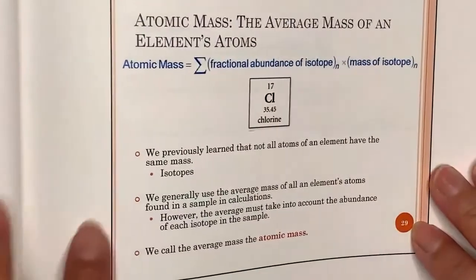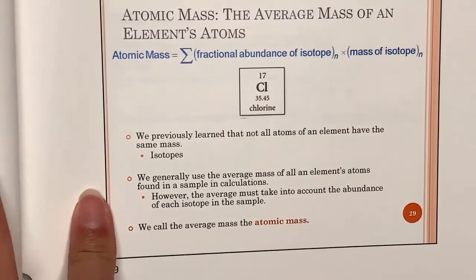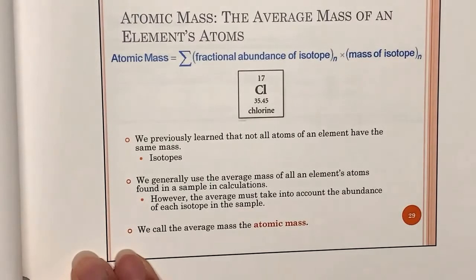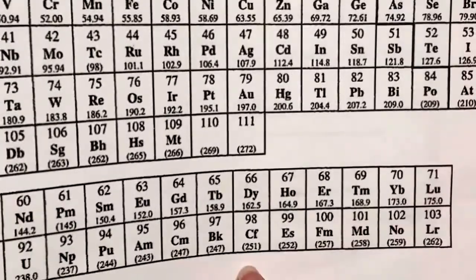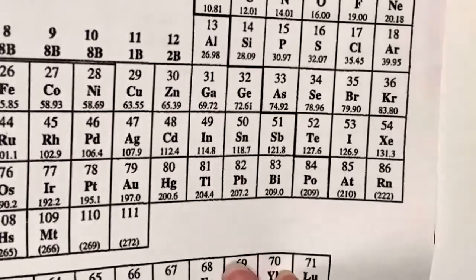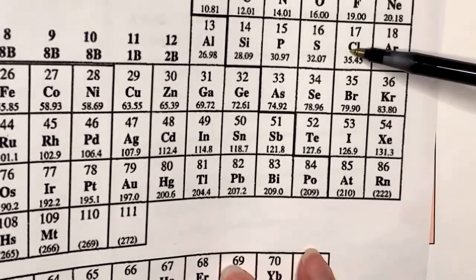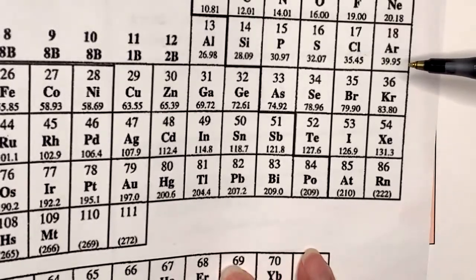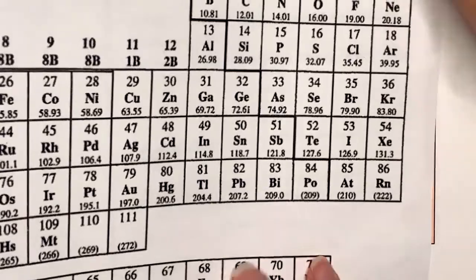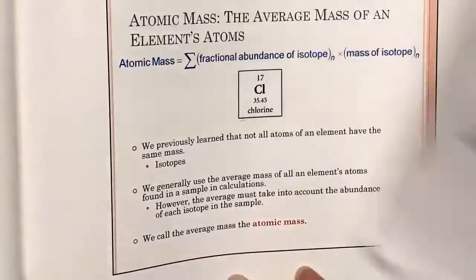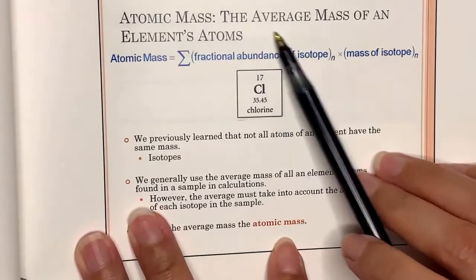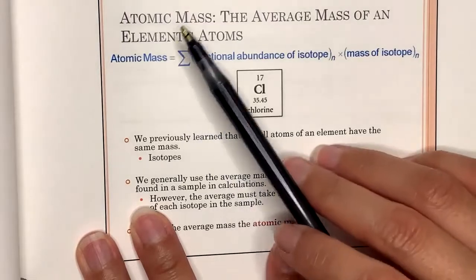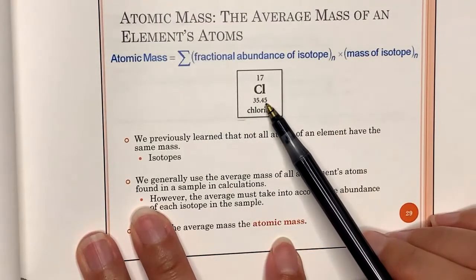So now what we want to focus on is how in the world do we calculate something called the atomic mass. If you notice, we had mass number, we have atomic number, and then there are these numbers here. What is that? That's actually the weighted average, the average mass of an element. That's the atomic mass right there.